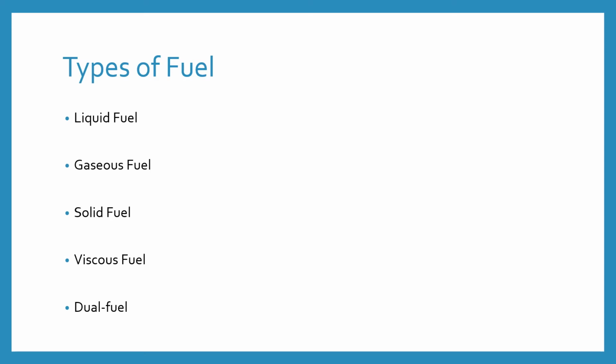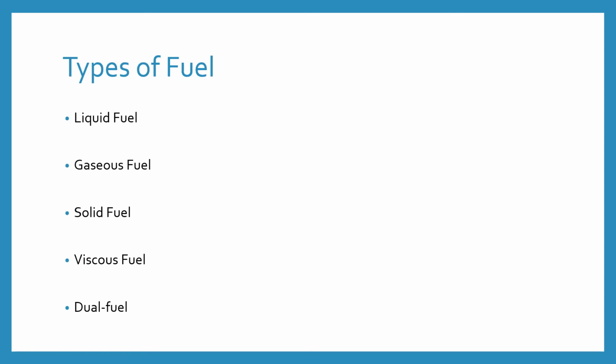Next is engines using viscous liquid fuel like heavy and light diesel oil. The fuel is generally introduced into the cylinder in the form of minute droplets by a fuel injection system near the end of the compression process.